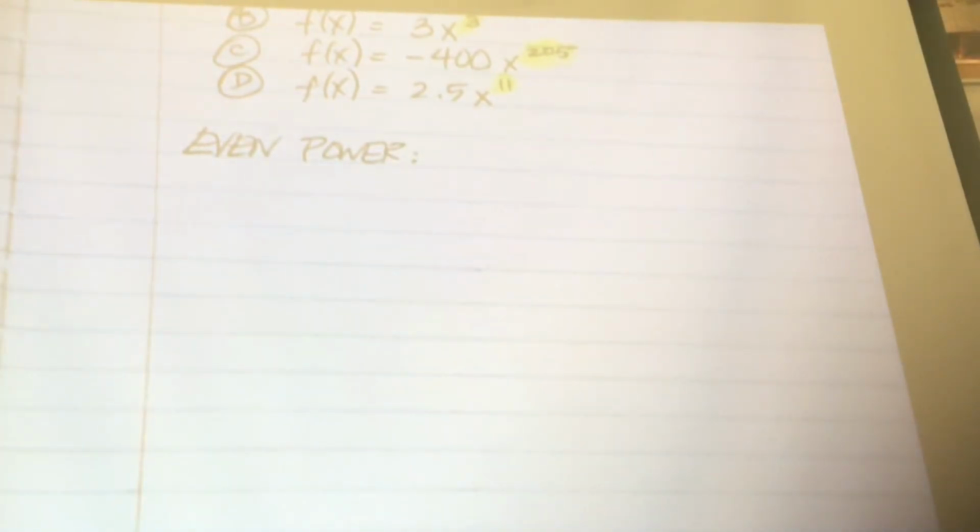Okay? All right. So all I have to do is look at the power. If it's an even power, is it invertible? As in, will it pass the horizontal line test? No. So an even power is not invertible because it will fail the horizontal line test.